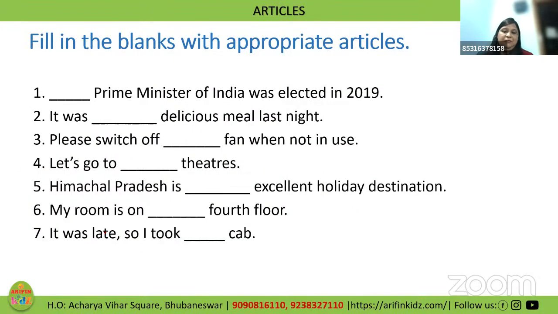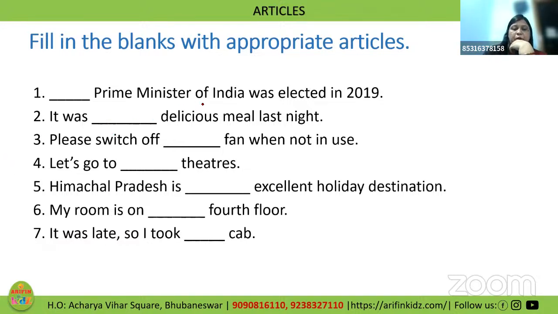Okay, now let us have some questions based on articles. So now answer the first one. Dash Prime Minister of India was elected in 2009. Shantanu, very good. The answer is the.